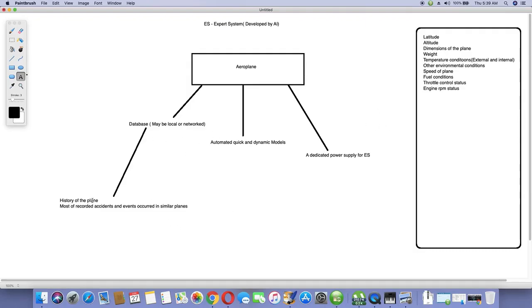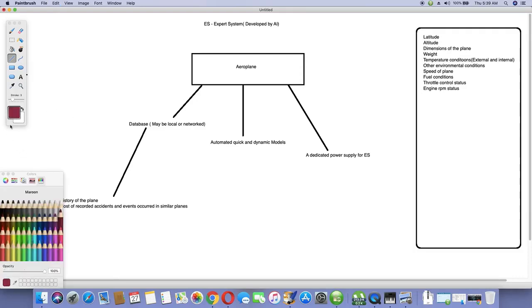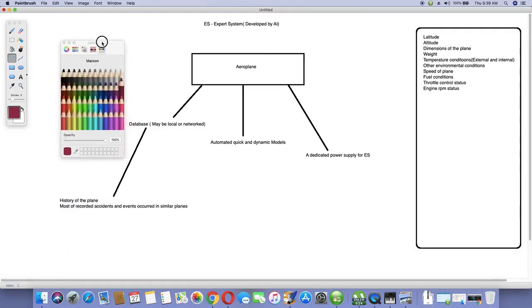And the history of the plane. I'll take you through what is important about the history of the airplane.